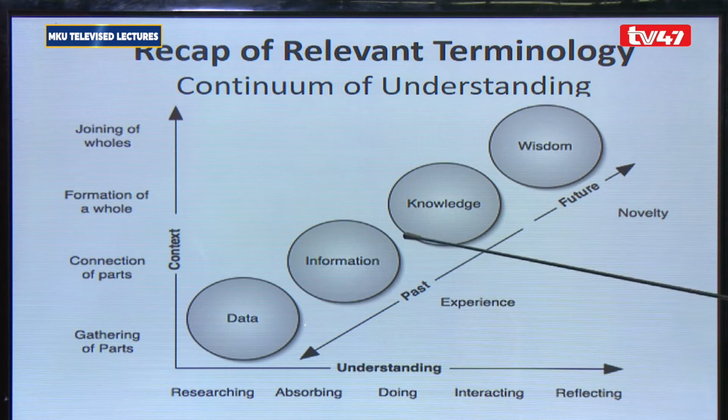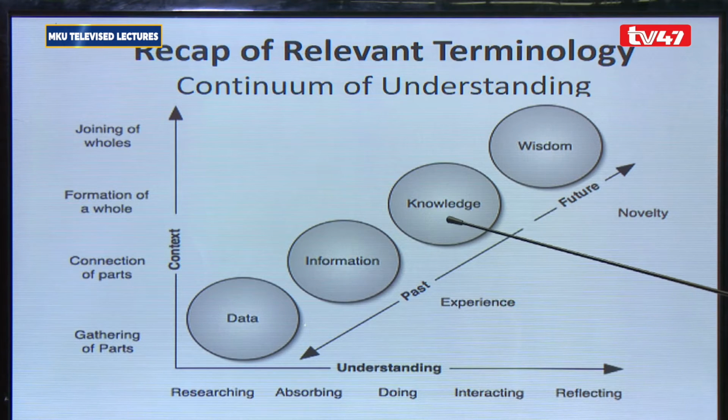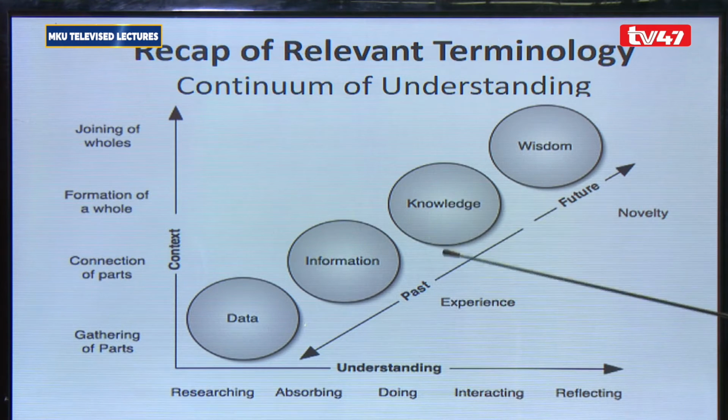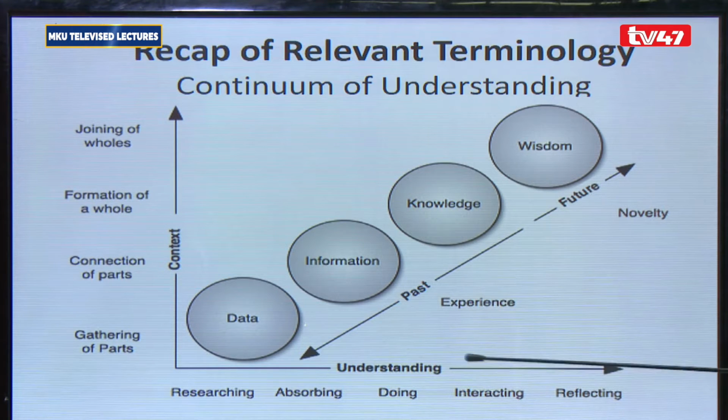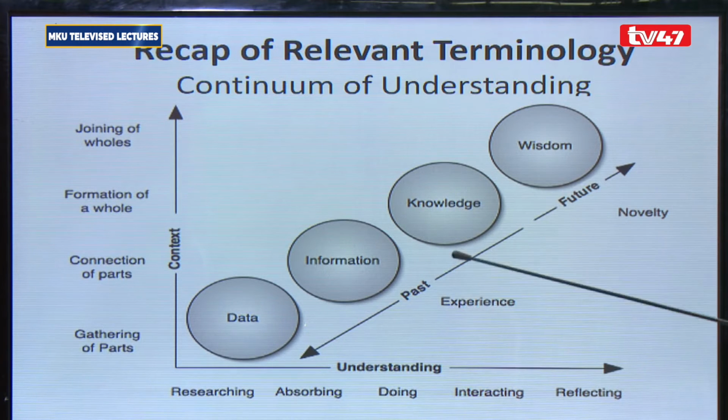Then, when information is accumulated and processed further, it changes to knowledge. And this knowledge is the one that helps you to do something or to carry out something. Then it goes on to wisdom, which involves interacting and a lot of reflection.